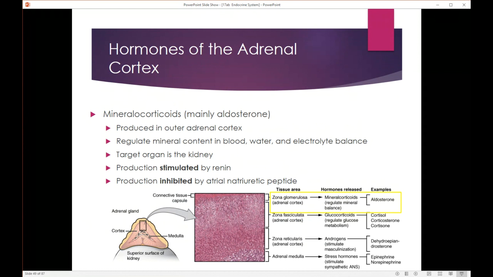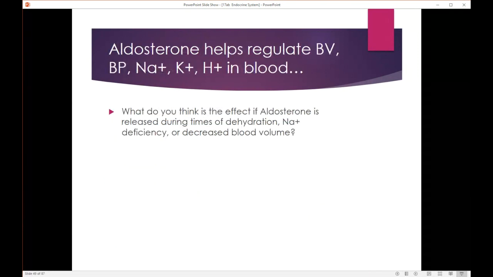So aldosterone helps to regulate the mineral content in our blood, the water, and any electrolyte balance. The target organ here is going to be the kidney itself, and the production is going to be stimulated by renin, but inhibited by atrial natriuretic peptide. So aldosterone helps to regulate our blood volume, blood pressure, sodium, potassium, and our hydrogen ions within blood.